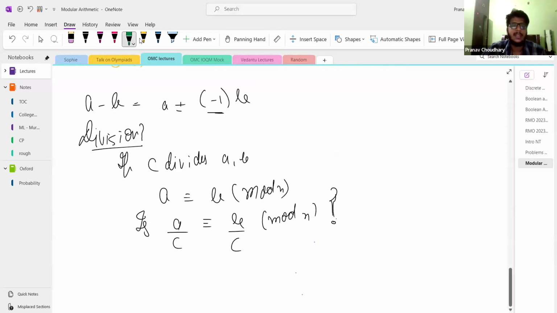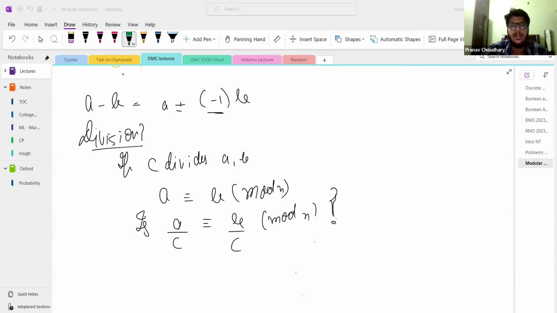Can some of you give me some counterexamples in personal chat? Not everyone. Ashutosh, that's correct. Yes, Mandar, that's also correct. Yes, okay. So people are getting some examples.